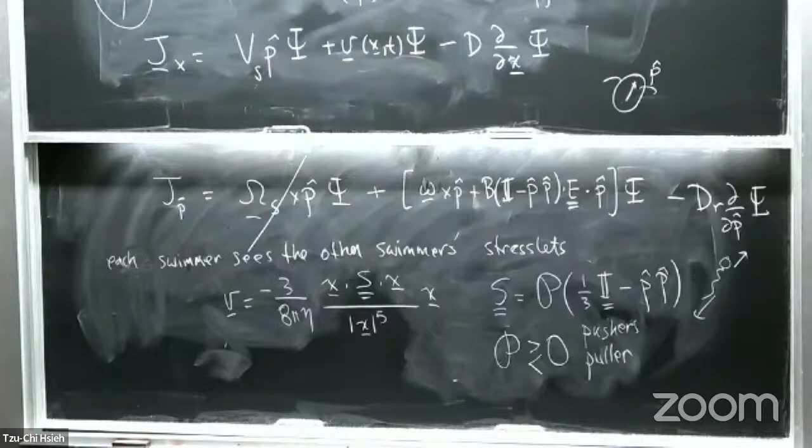So Batchelor says that, from the swimmers, that's what the S is for. Deviatoric means there's no trace. This is where we kind of ended last time.